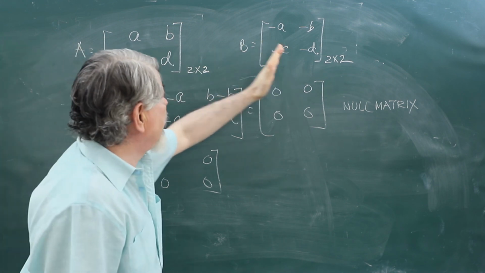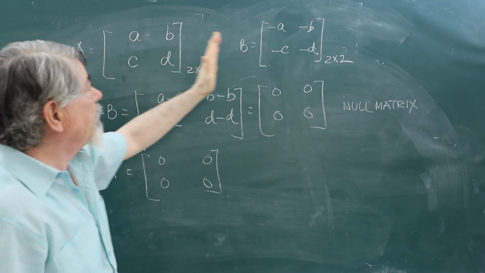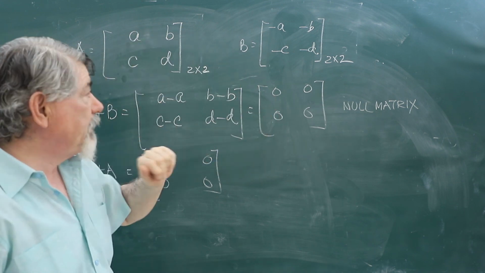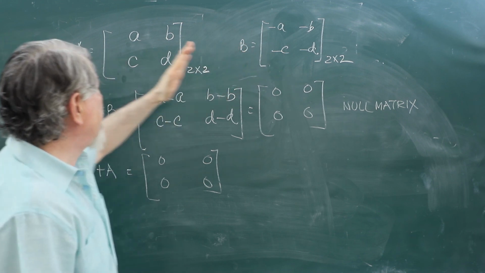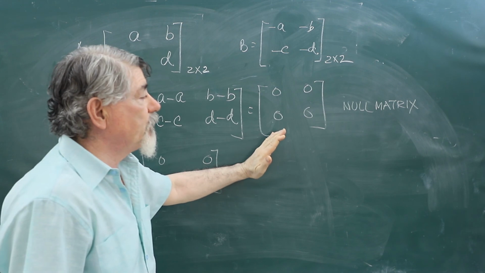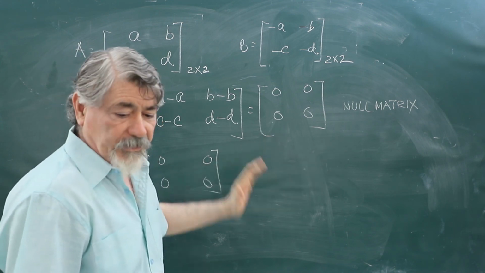It is the additive inverse because by adding B to A, I get the answer to be a null matrix. So B is the additive inverse of A and A is the additive inverse of B. Okay, thank you.